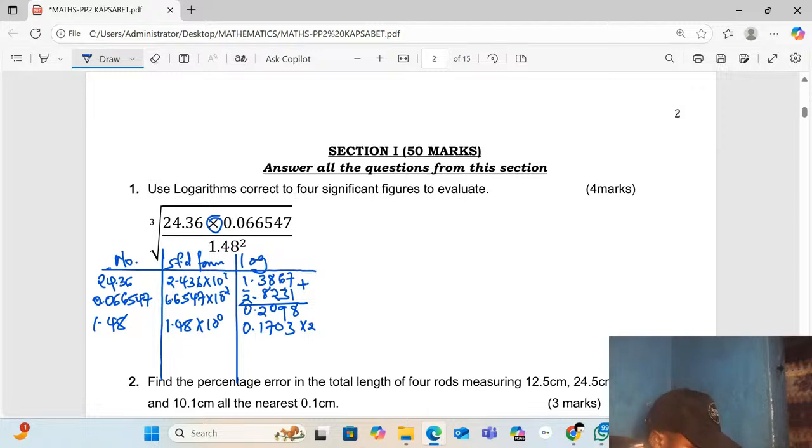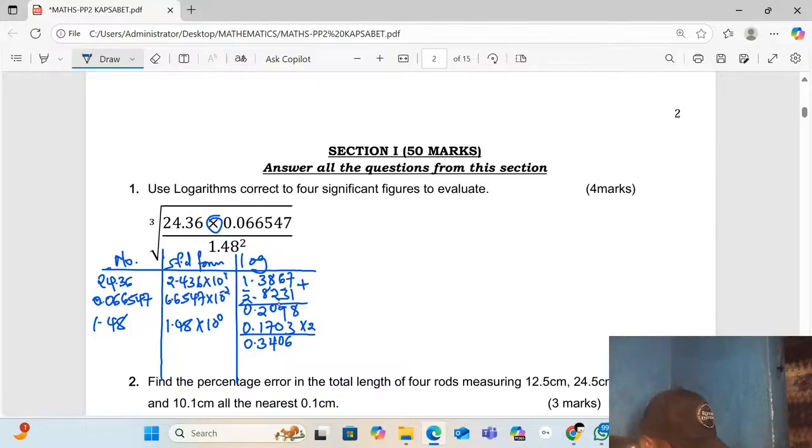We multiply 0.1703 by 2. So we shall get 0.3406.